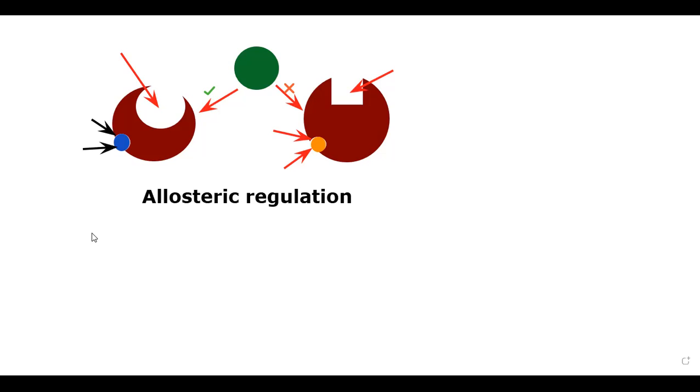Clear? Yes, sir. So here, the regulatory molecule decides the shape of the active site. Yes or no? Yes, sir. If so, please go through page number 14, allosteric regulation.